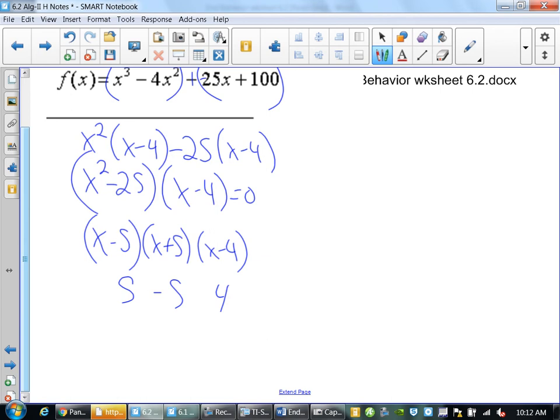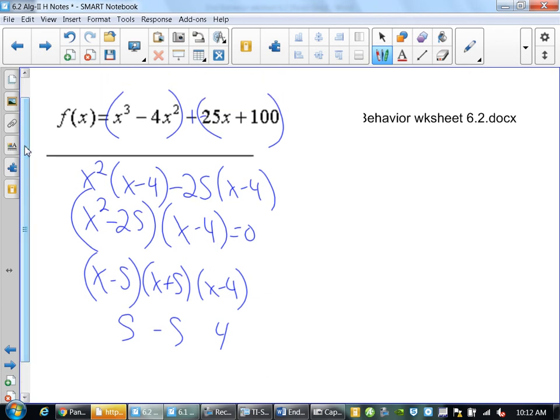Okay. So this was a 3rd degree polynomial, which means it can have up to 3 possible zeros. And what way are the tails going? It has a 0 at negative 5, a 0 at 4, and a 0 at 5.